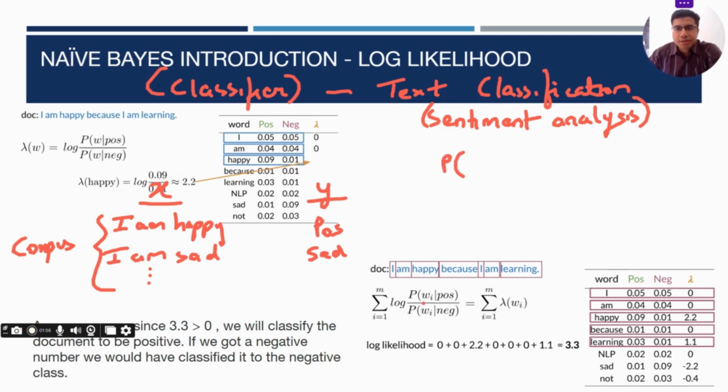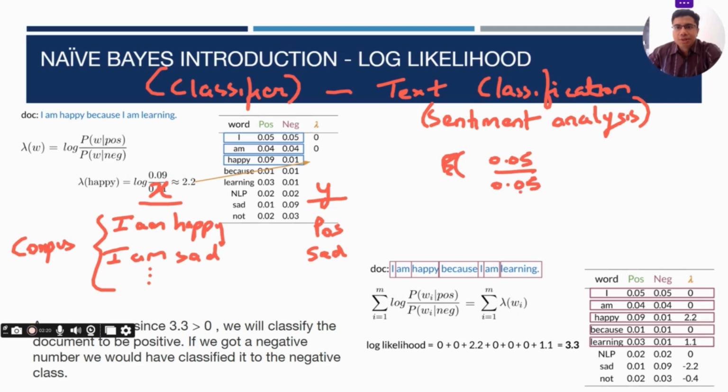We calculate the probability that a word occurs in a positive sentence. For example, what is the probability that I occurs in a positive sentence? That probability is 0.05. The probability that I occurs in a negative sentence is 0.05.